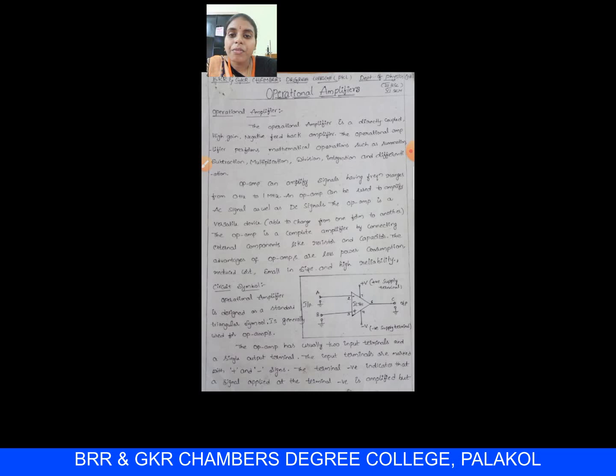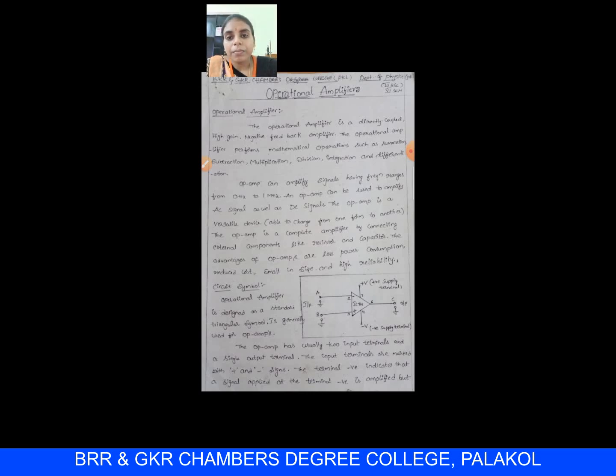The operational amplifier not only performs signal amplification, it also performs mathematical operations such as summation, subtraction, multiplication, division, integration and differentiation. These are the mathematical operations done by the operational amplifier. Operational amplifier can amplify signals with frequencies ranging from 0 to 1 megahertz.